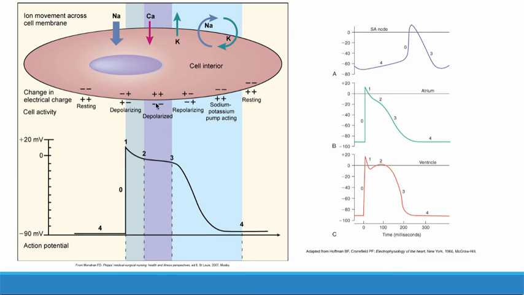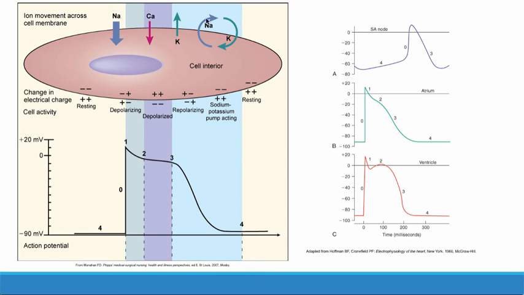At phase 2 is where calcium influx occurs, so calcium moves into the cell. And then phase 3 is where potassium efflux occurs, where the potassium moves out. And the sodium-potassium pump starts later, toward phase 4.